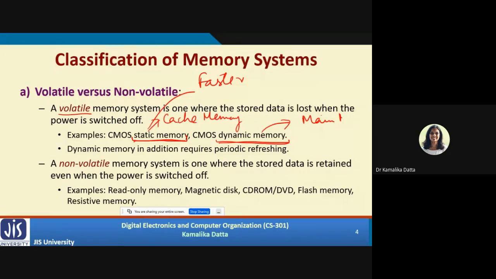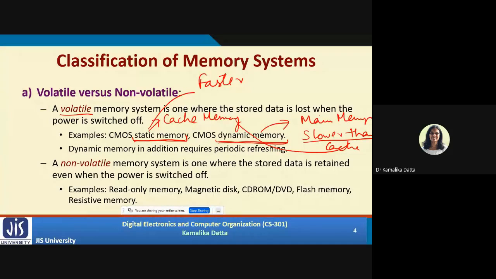Your main memory technology is basically dynamic memory, but this is slower than cache memory. Although its speed is very high, it is not more than cache memory. So these are the two different technologies used to build volatile memories in your computer system.